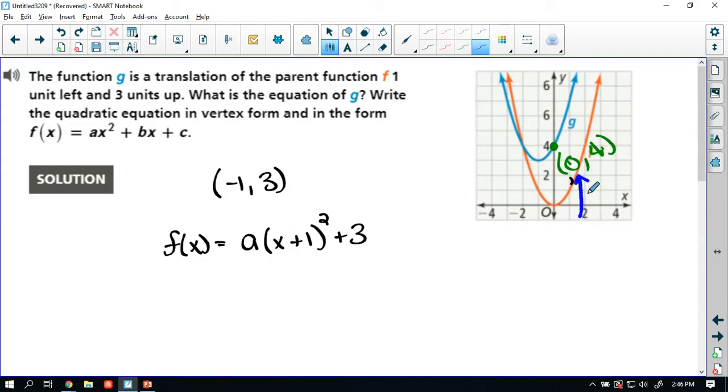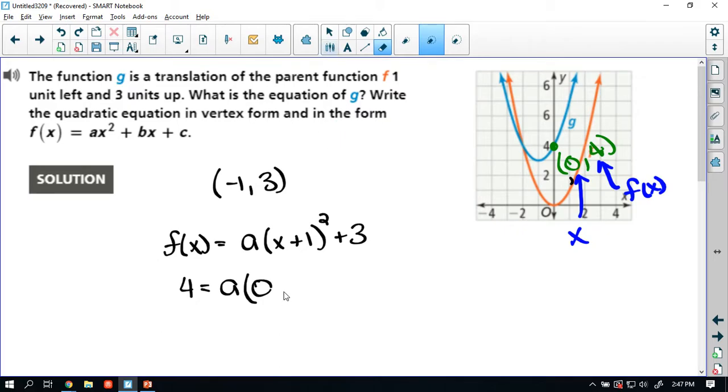What I'm going to do with this is this is going to take the place of x, and this is going to substitute in for f of x. So I'm going to say 4 equals a. We don't know what a is. That's what we're trying to find. My x in this case is 0 plus 1 plus 3.